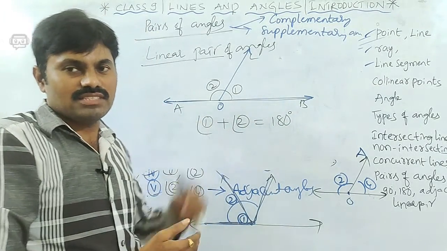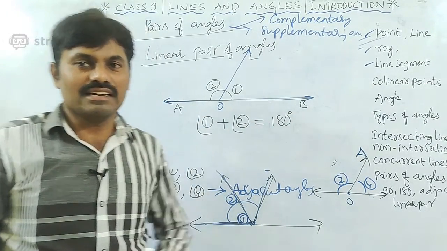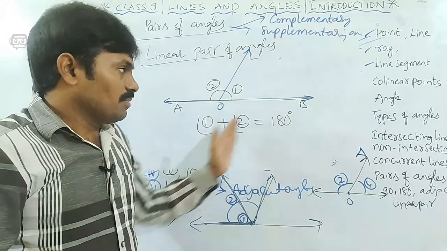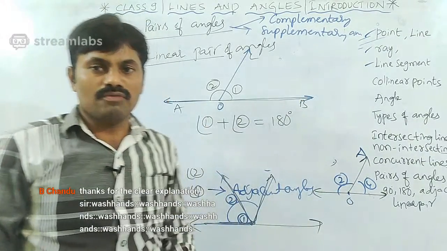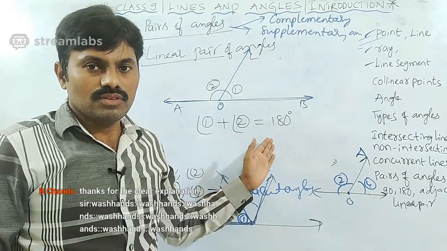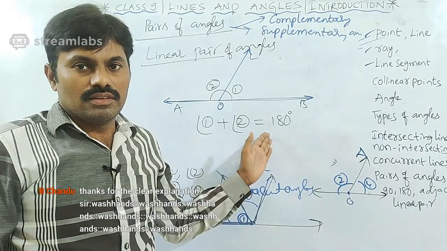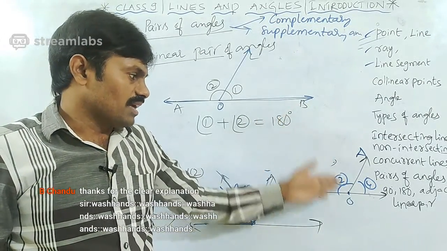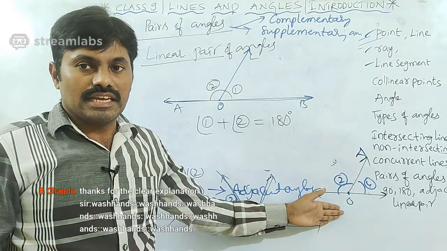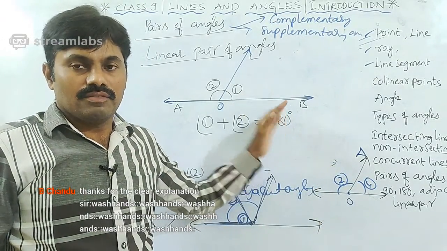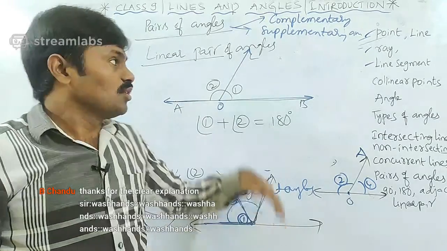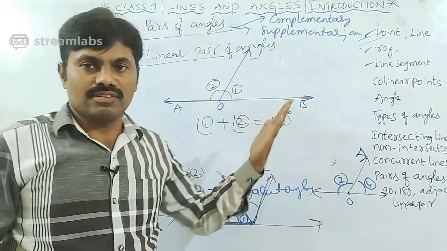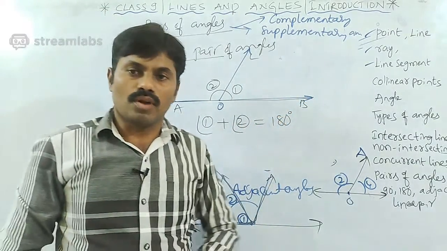That is the converse of this linear pair axiom. Clear? So, my dear students, these are some basic terms in geometry that we have discussed in this session. A few more we will discuss in the next session, with some problems.